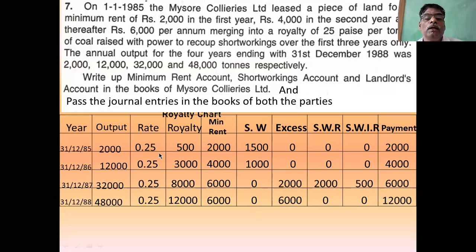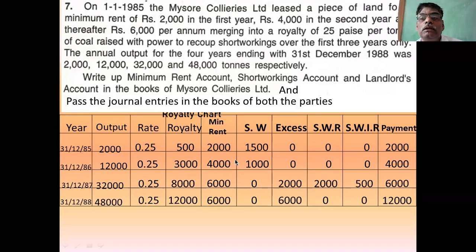First year, second year. In the first year, on the debit side, to landlord account 2,000; credit side by royalty 500, by short working 1,500. This is the first year. These 3 columns come in the minimum rent account: royalty, minimum rent, short working.